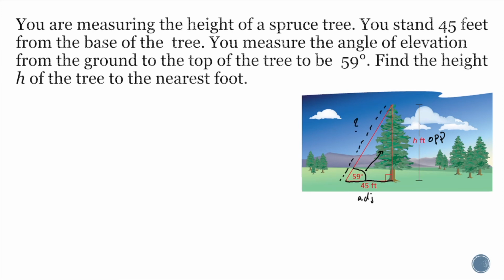So again, which trig ratio can I use that works with the opposite and adjacent side? Hopefully you said tangent. And setting up the equation, you would say tangent of 59 degrees is equal to the opposite divided by the adjacent side. So substituting h for my height, I have this.